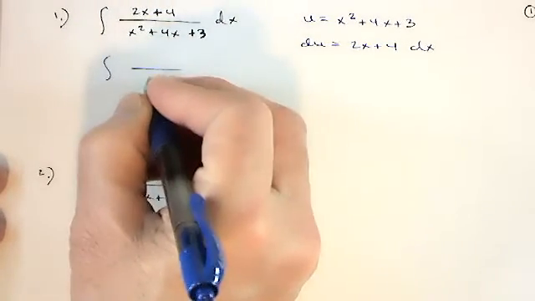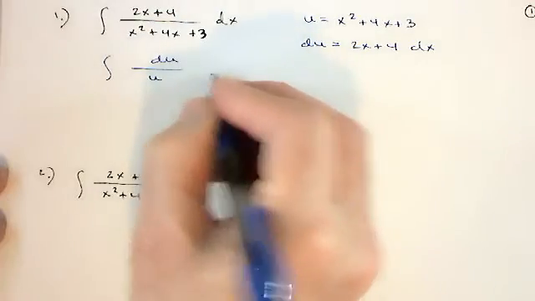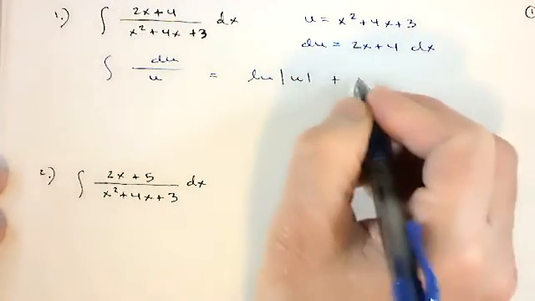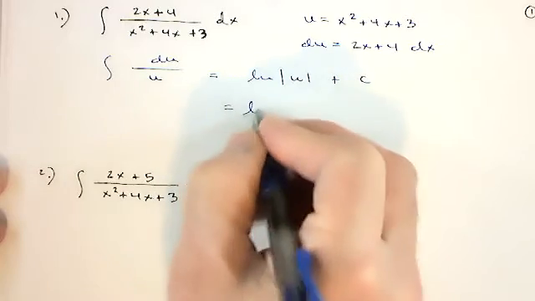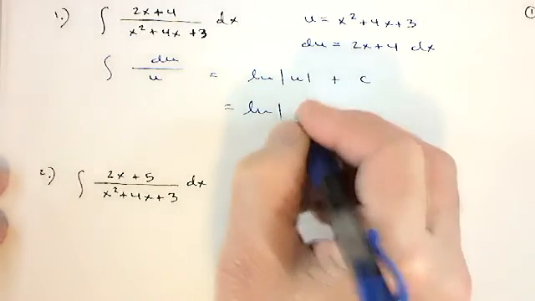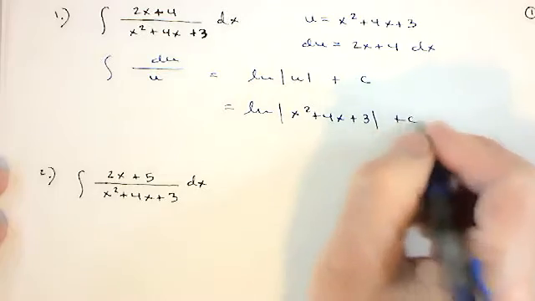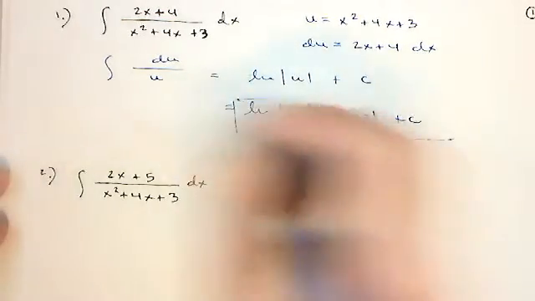So the bottom is u, the whole numerator is du. This integrates to natural log absolute value of u plus a constant. And my u was x squared plus 4x plus 3. Easy, right? That should be easy right now.